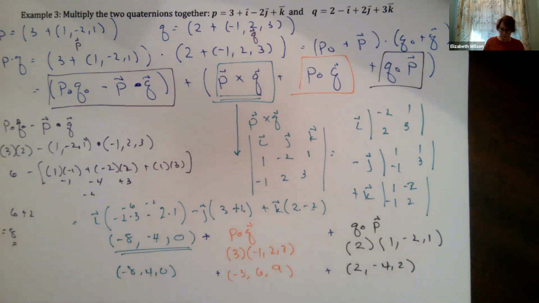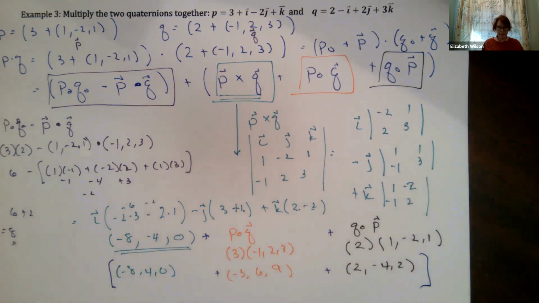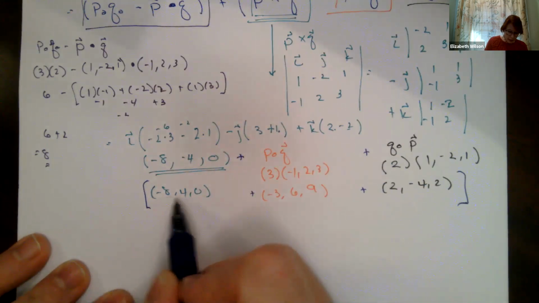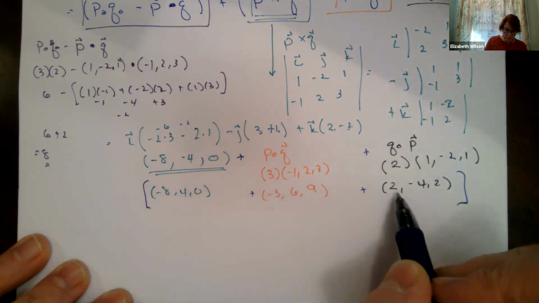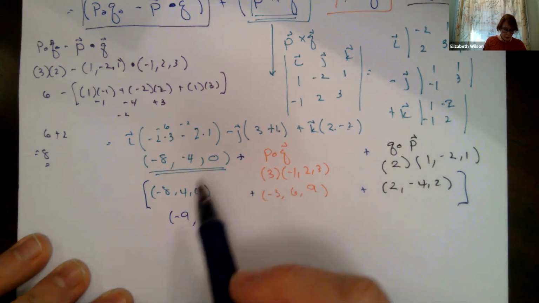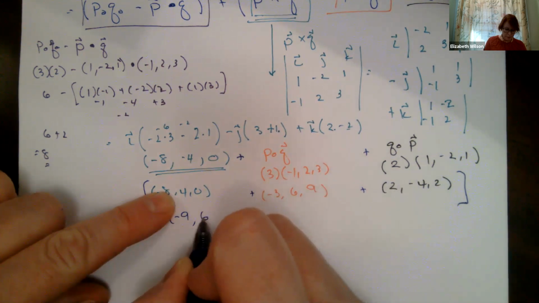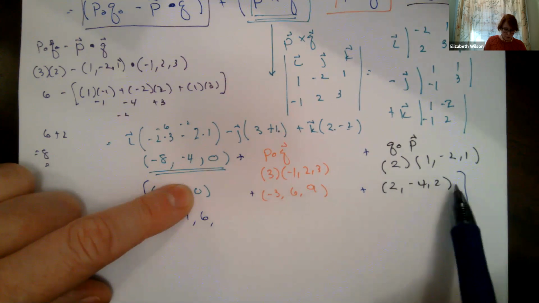So I'm going to add all of these together to get a vector out. Minus 8 minus 3 is minus 11. Minus 11 plus 2 is minus 9. 4 plus 6 is 10, minus 4 is 6. 0 plus 9 plus 2 is 11.